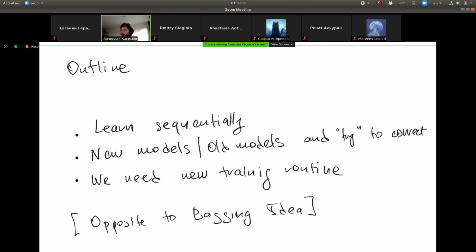It will be easier to find a place in your head for each algorithm by saying, okay, bagging and boosting are opposite. What is true for bagging is always wrong for boosting.